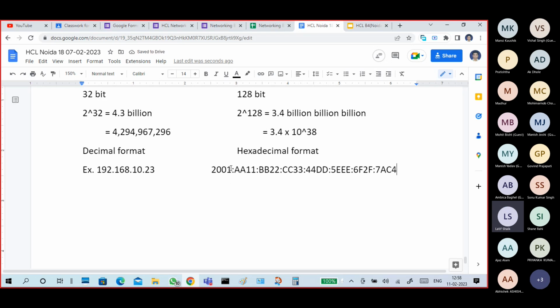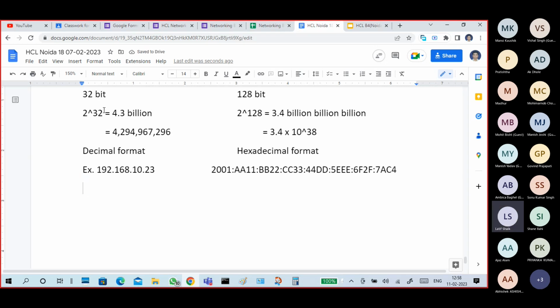Something like that. But 8 blocks are important: 1, 2, 3, 4, 5, 6, 7, 8. So this is how IPv6 looks like.